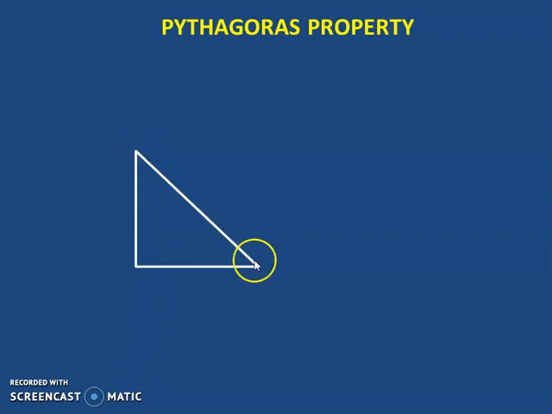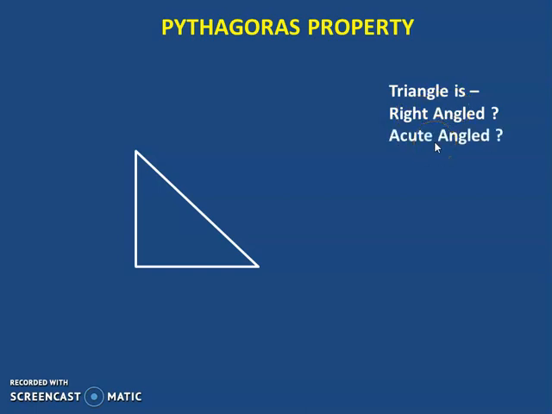So we have already taken a right angle triangle here, and by the Pythagoras property we can find out whether a triangle is right angled, acute angled or obtuse angled. There are three sides: AB side, BC side and AC side.